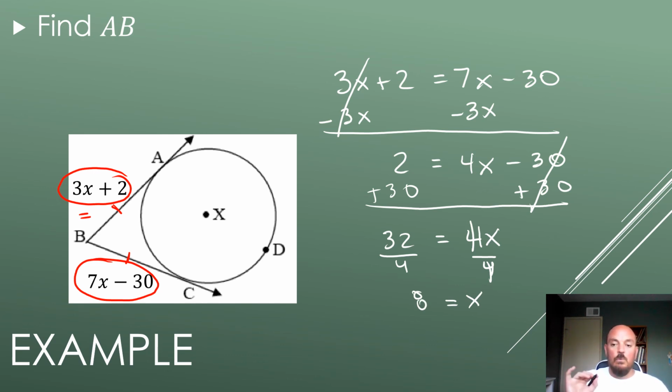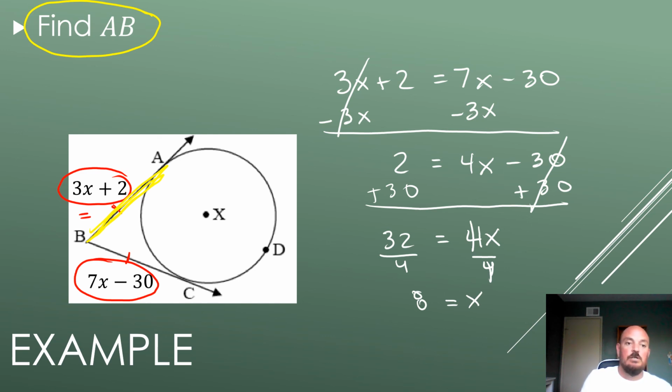And remember, whenever you solve for x in one of these questions, before you move on, go back and look at the directions. What I actually asked you to do was find AB. We needed to solve for x, but that's not the answer to the question, so don't box it up and move on. AB is this line segment from A to B, which means it's 3x plus 2.